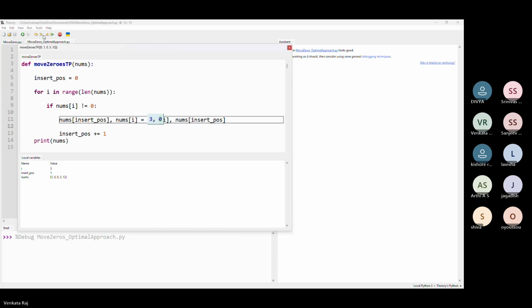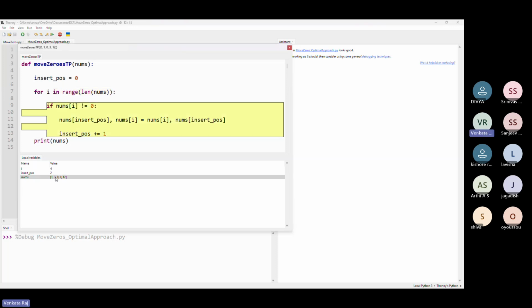The 0 is taken and we are swapping it, placing it in a different position. The index 3 and 1 are swapped. Now again we are incrementing the value of the insert position.